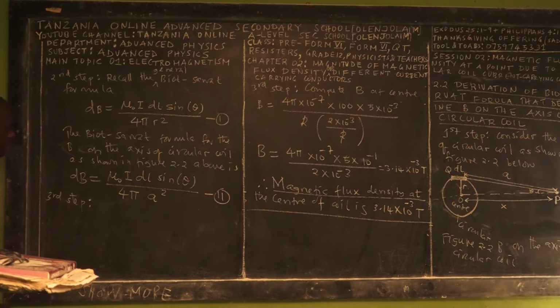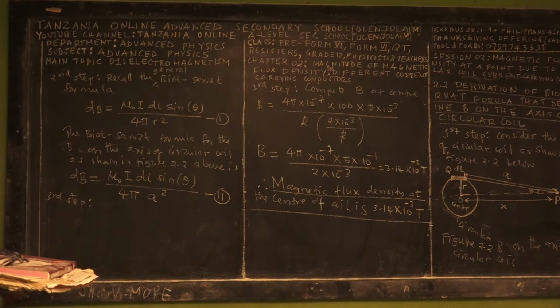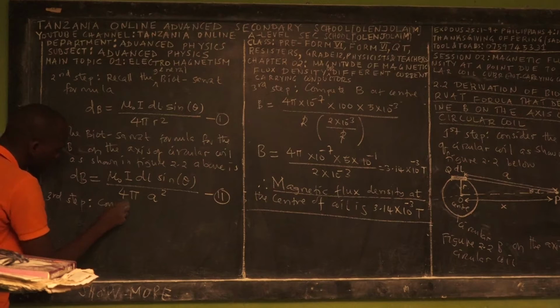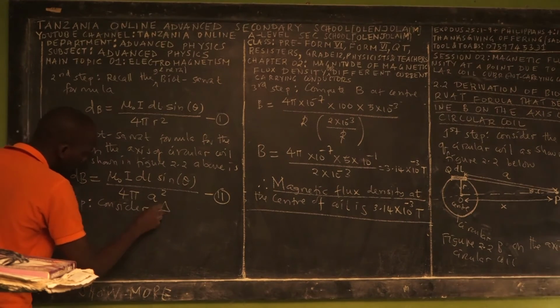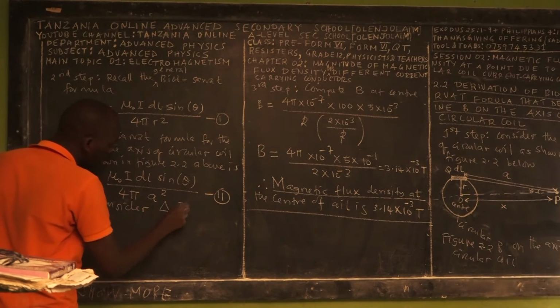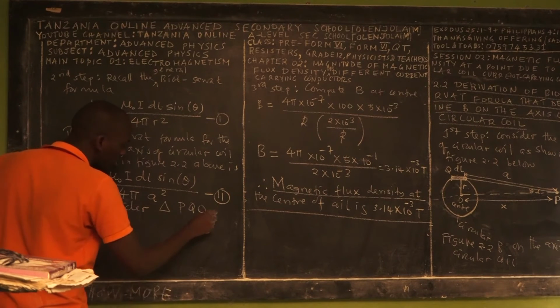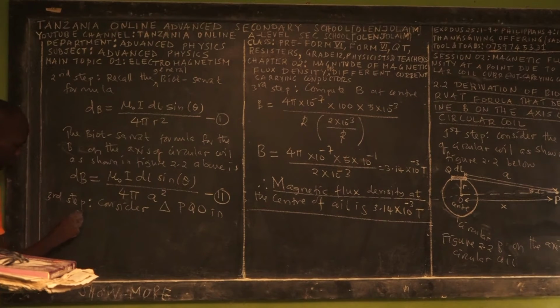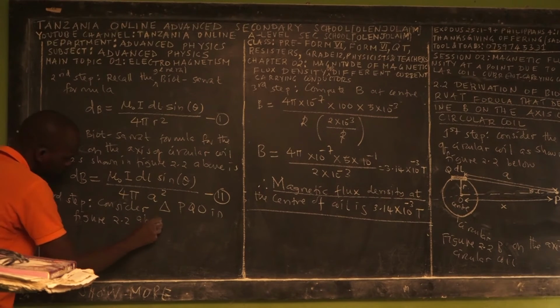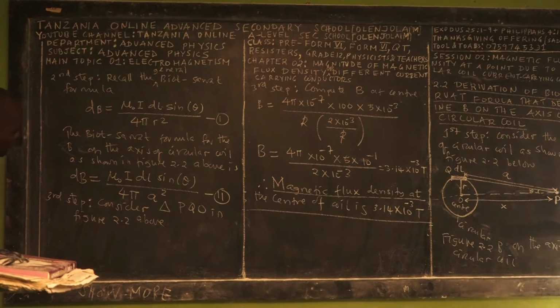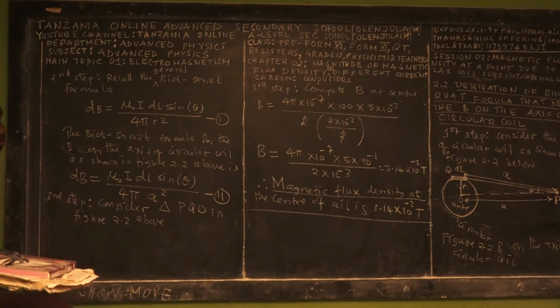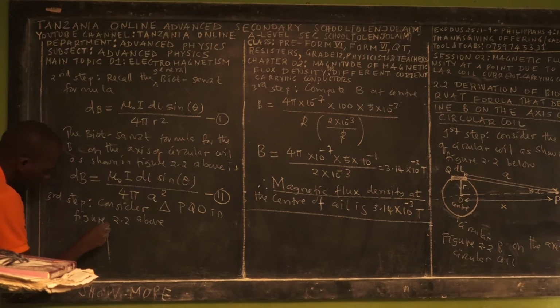So we go for the third step. Before we apply integrations to both sides, we have to think about what? Tan theta. So to think about tan theta, consider triangle PQO in figure 2.2 above. So you have a right angle triangle, like this.